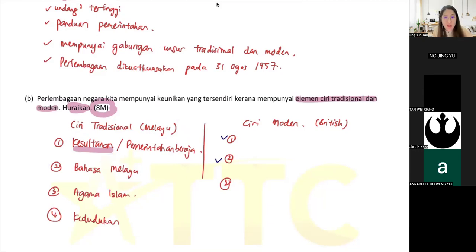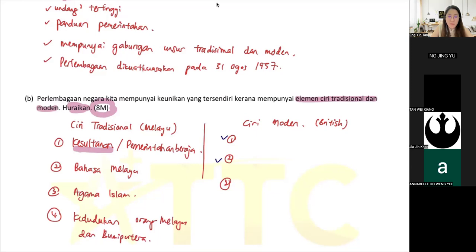Try not to. Because they ask you to explain both. So at least you need to give me something about ciri-ciri modern. Is it okay? So orang Melayu dan Bumi Putera.